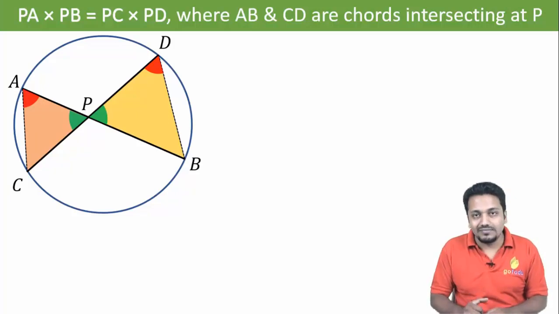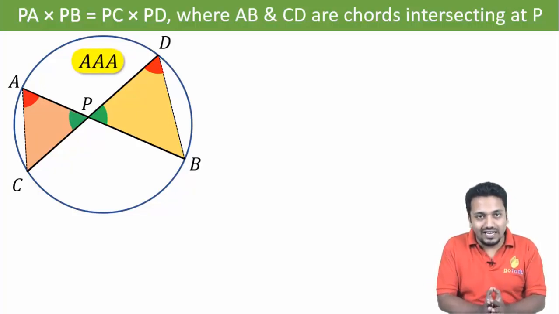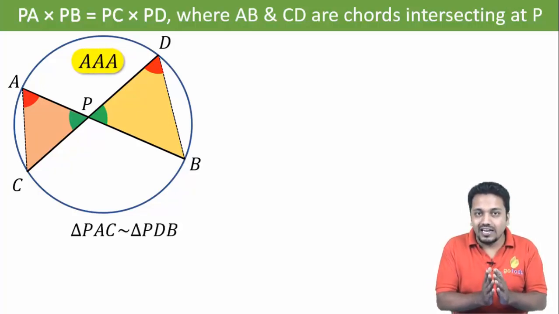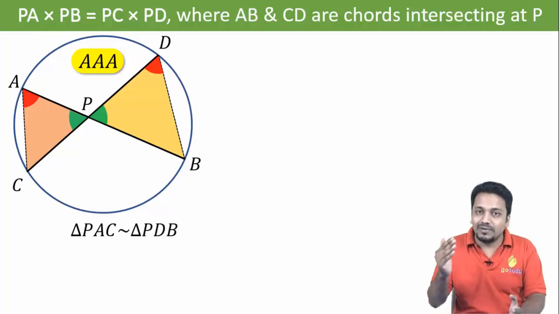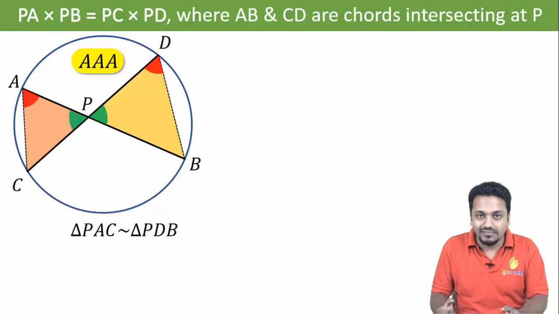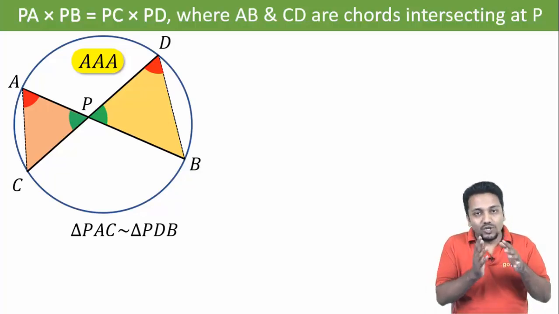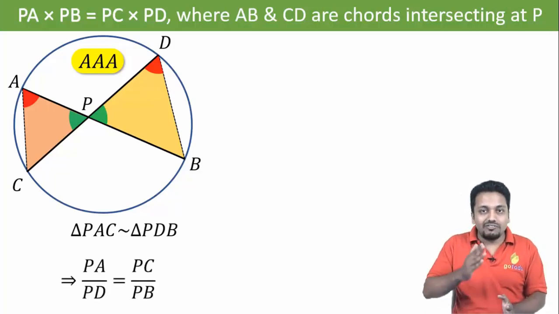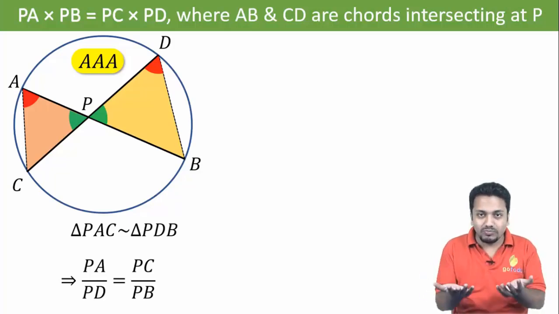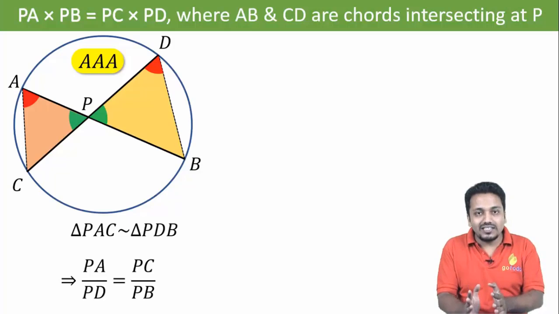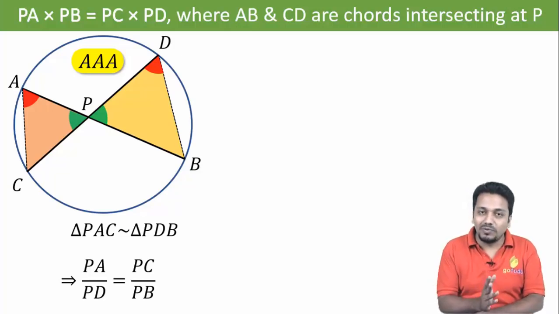So, they are equal. So, by the AAA similarity condition, triangle PAC is similar to triangle PDB, and therefore the ratio PA upon PD is equal to PC upon PB. Cross multiply and you will get the result PA into PB is equal to PC into PD.